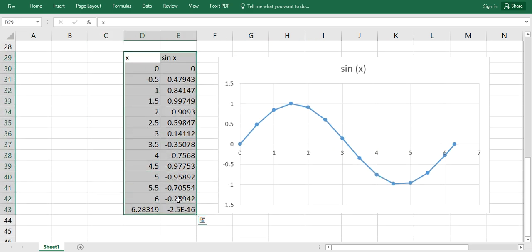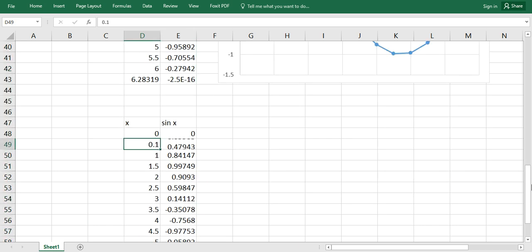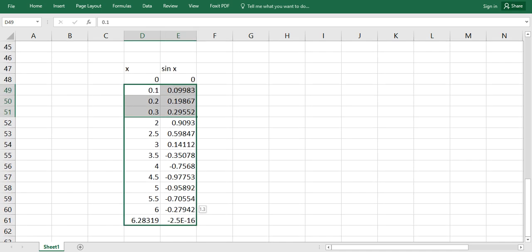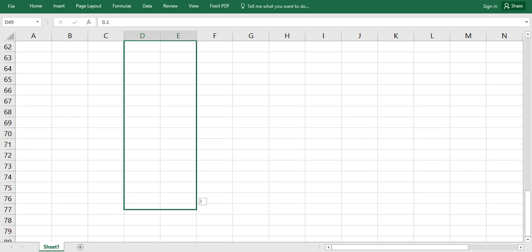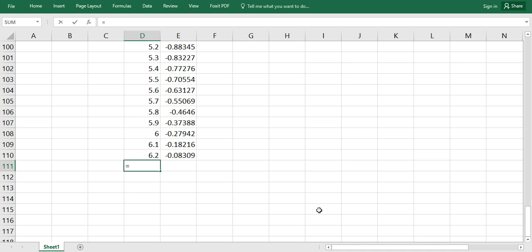Let me do that again. I can go for 0, 0.1, 0.2, 0.3, and so on. I am dragging this up to 6. It reaches 6.1, 6.2, and now I am writing 2 star pi, and I am dragging this also.